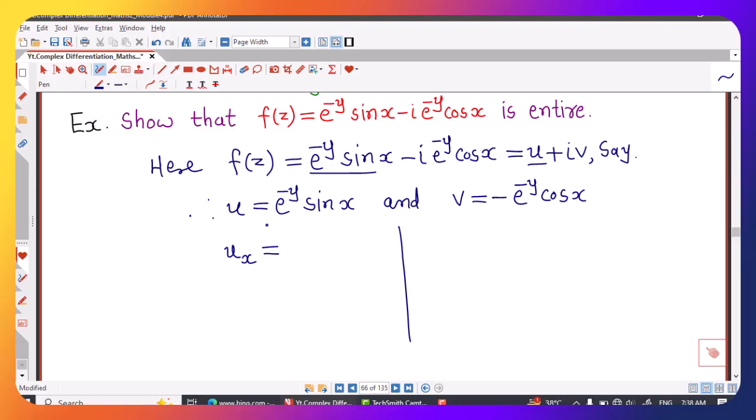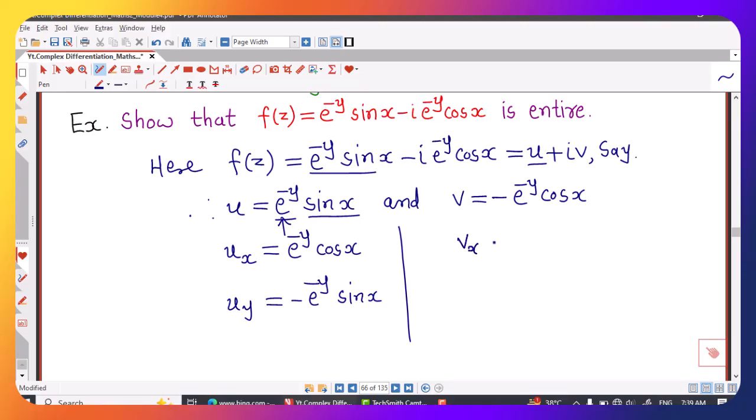Here we differentiate with respect to x, therefore e raised to minus y is constant, and the derivative of sin x is cos x. And when we differentiate with respect to y, we consider sin x as constant, and the derivative of e raised to minus y with respect to y is minus e raised to minus y, and sin x as it is.